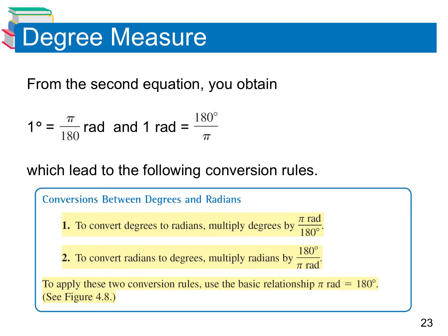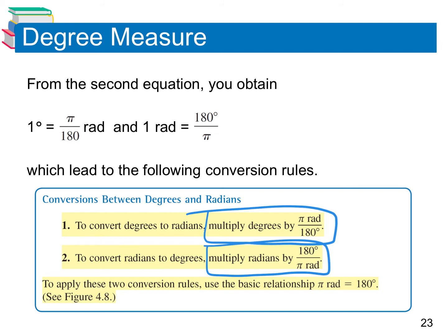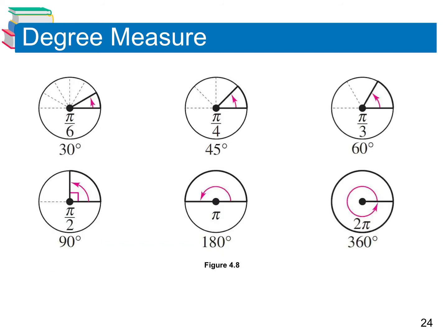To convert from degrees to radians, you multiply by pi over 180. To convert from radians to degrees, you multiply by 180 over pi. These are common degree measures. So 30 degrees is pi over 6, 45 degrees is pi over 4, and so on.